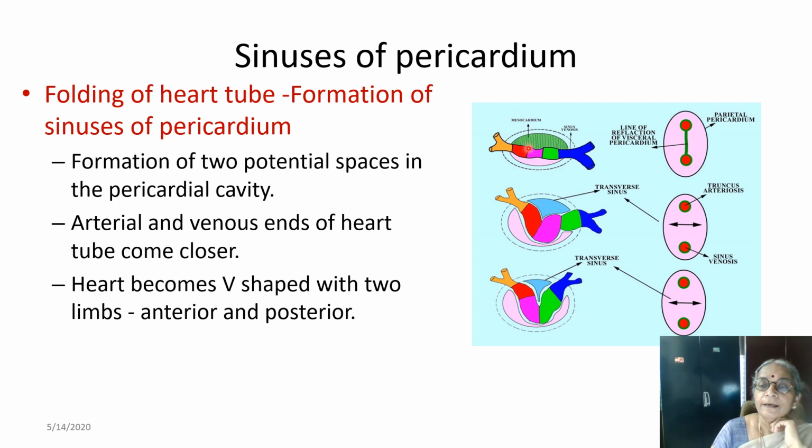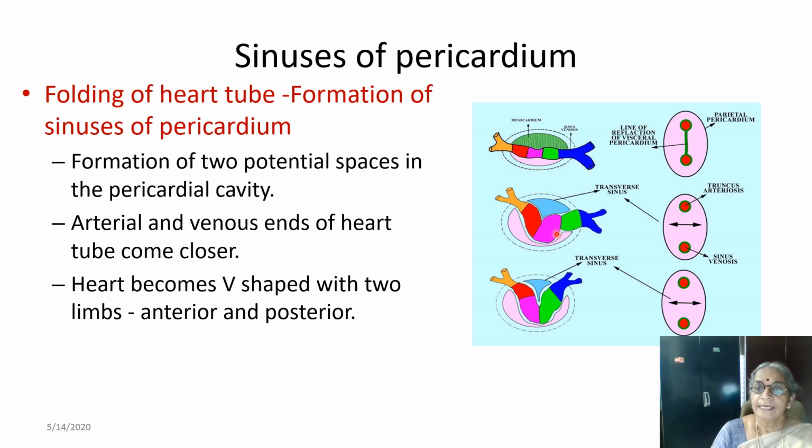It gets incorporated into the pericardial cavity from the dorsal aspect, and for some time it is suspended from the wall of the pericardial cavity by means of a fold known as the dorsal mesocardium, and the heart tube shows an arterial end and a venous end.